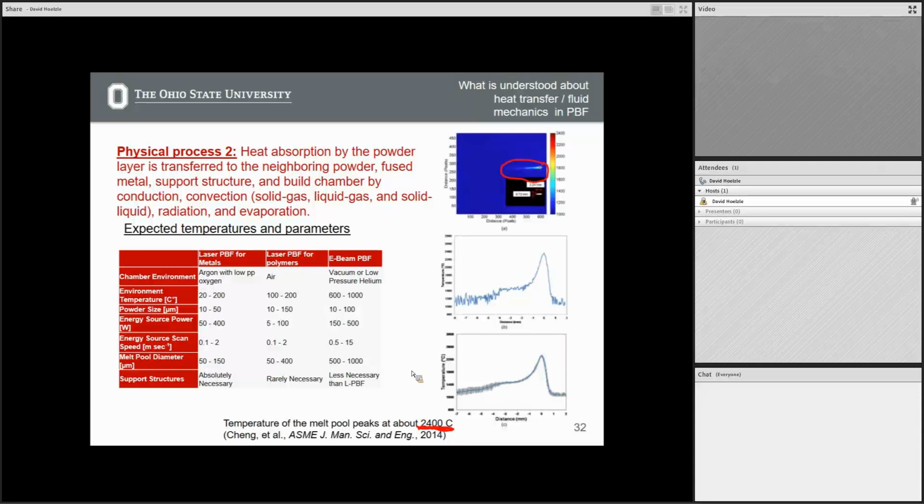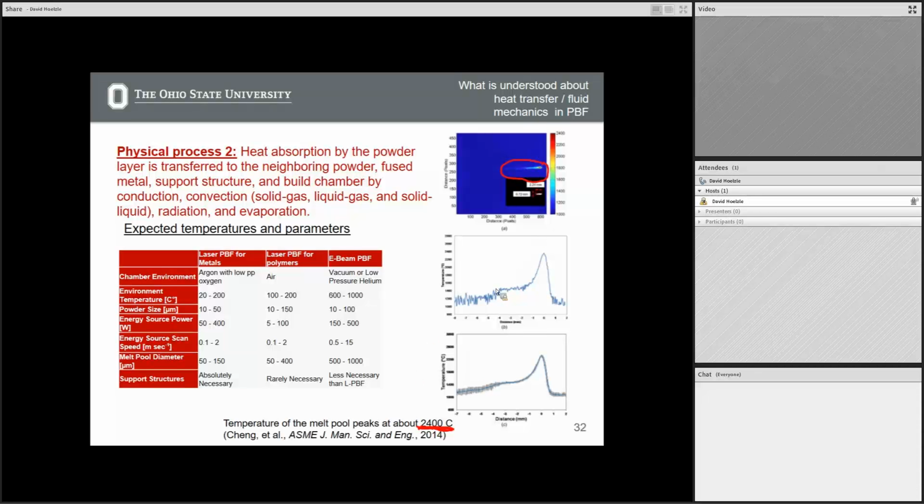It's really highly dependent on the material that you're talking about, and also how you're operating the system. I've seen all the way up to 5,000 Kelvin for some examples where they either predict or measure the peak temperature in the melt pool. But this gives you a sense of the temperatures experienced.